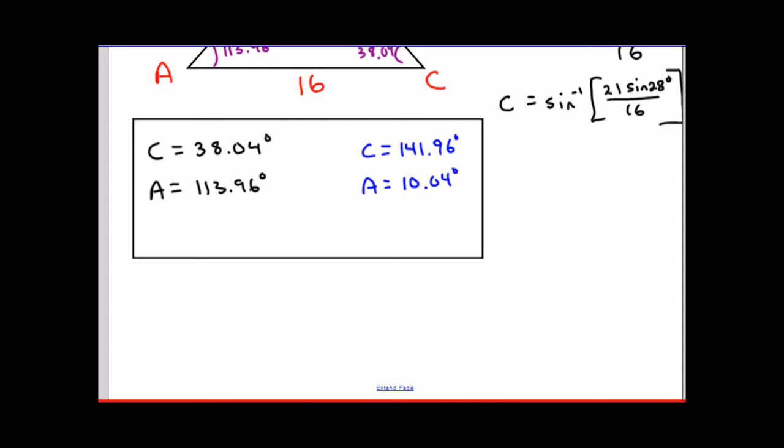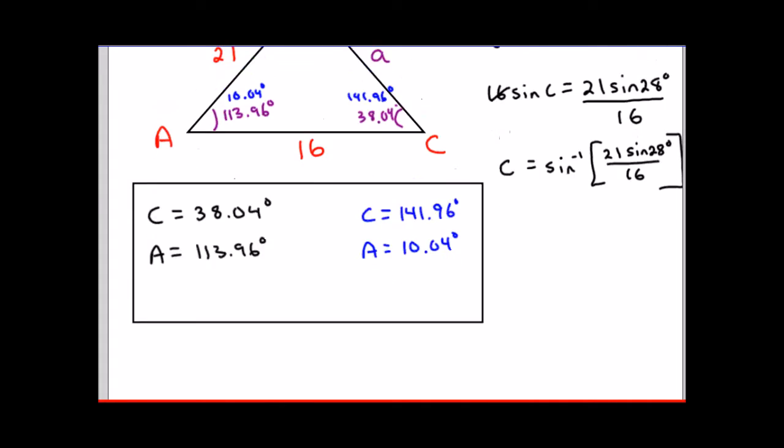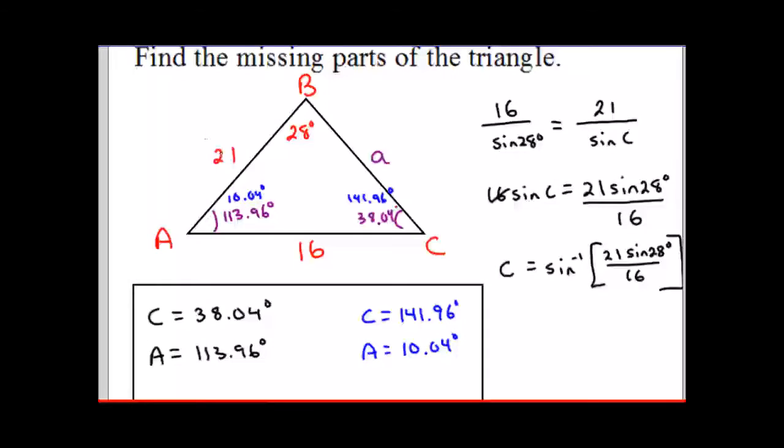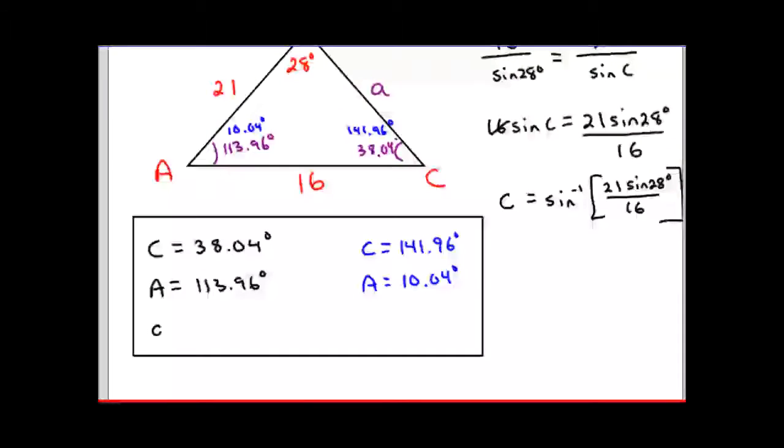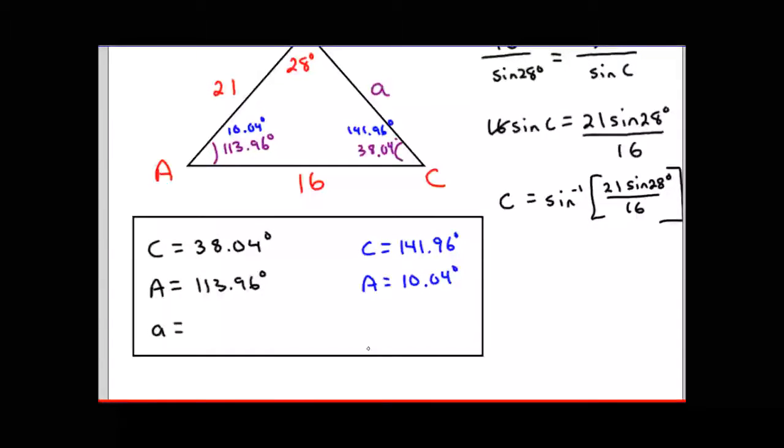So now the missing thing we've got to find is, right, we've got side C, side B, angles A, B, C. Now we just have to find side A. So we're going to have two different side A's.